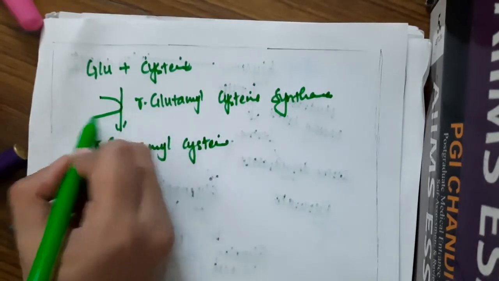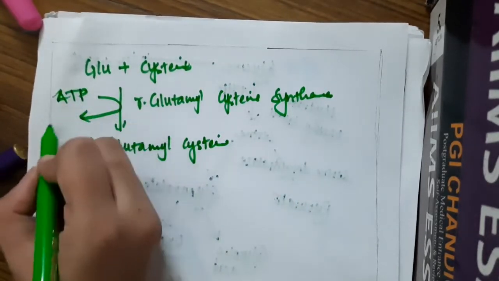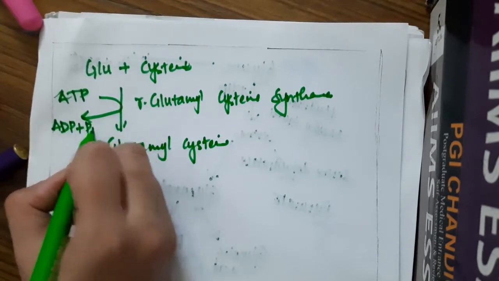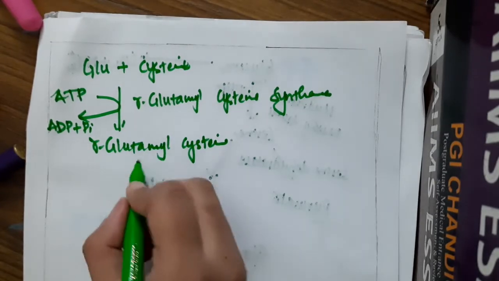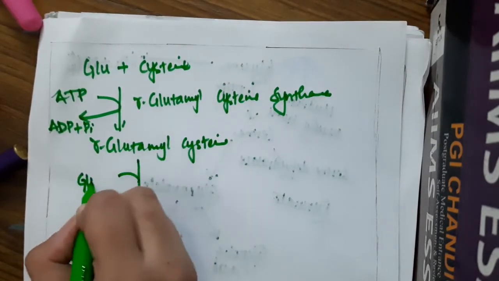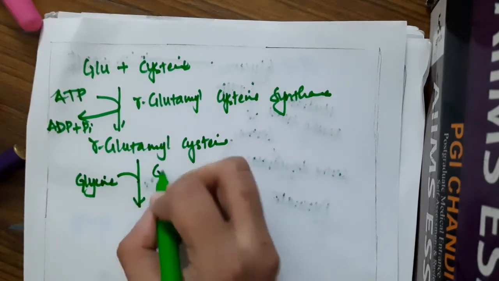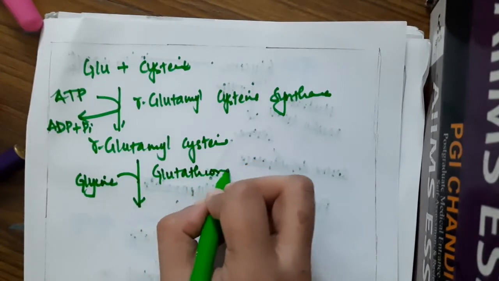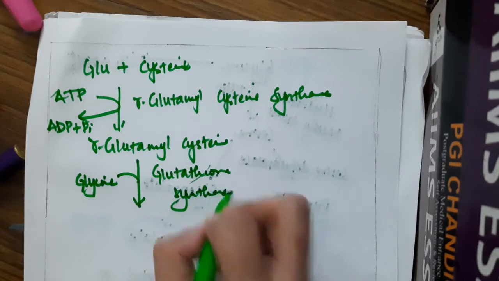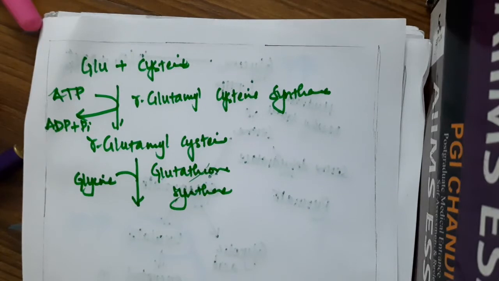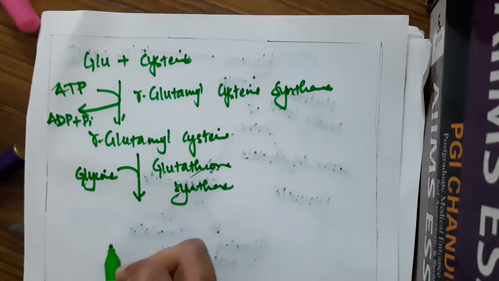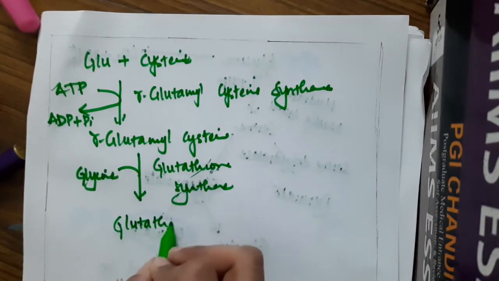For this reaction ATP is utilized and it forms ADP and inorganic phosphate. This gamma glutamyl cysteine combines with glycine in the presence of glutathione synthase and forms glutathione.